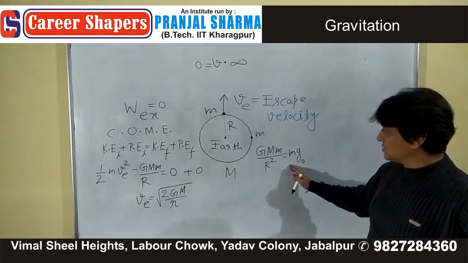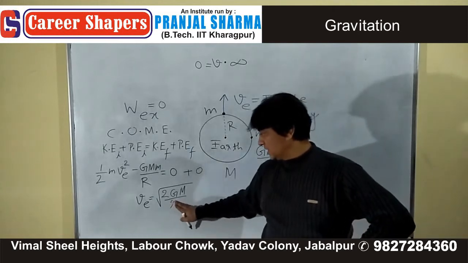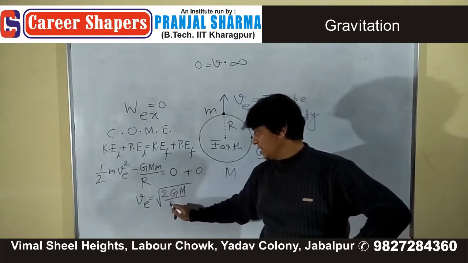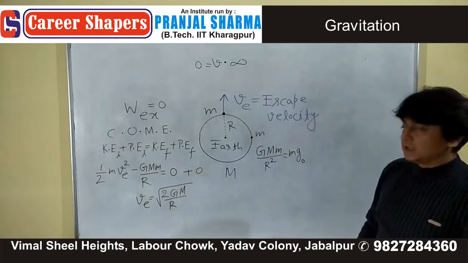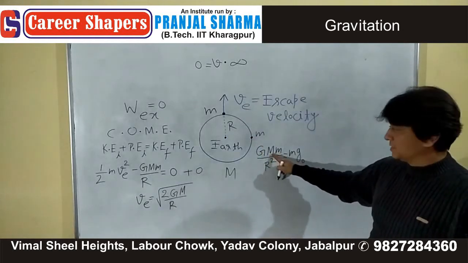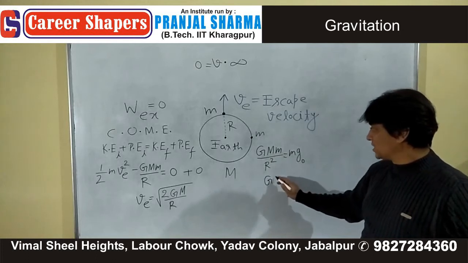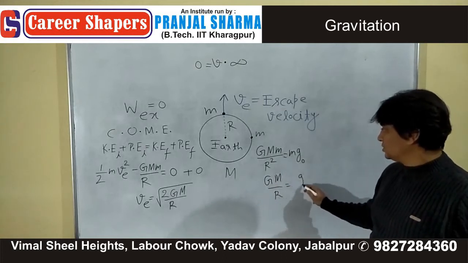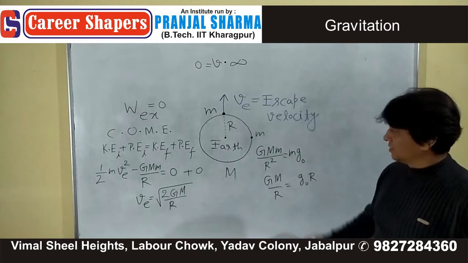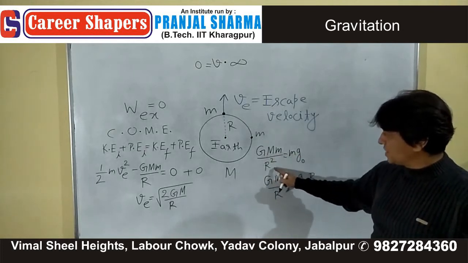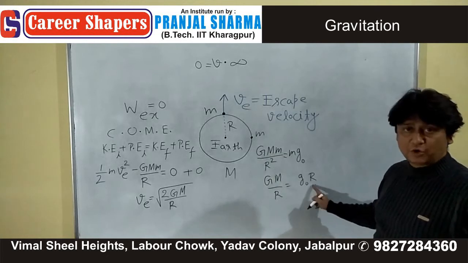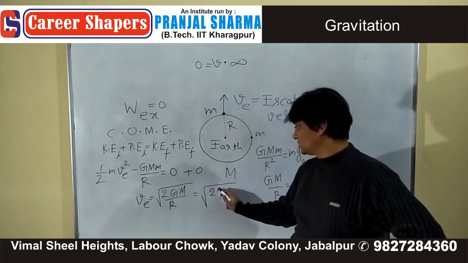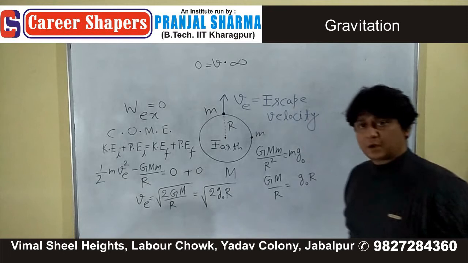Let's first make small r capital R. So what's the value of G M divided by R? From here, you can see that G M divided by R is g naught multiplied by R. If you put it here, it gives you root over 2 times g naught into R.